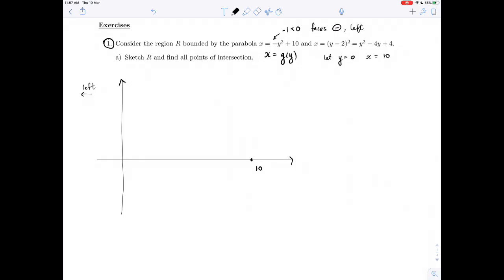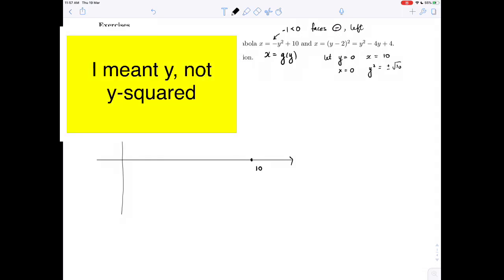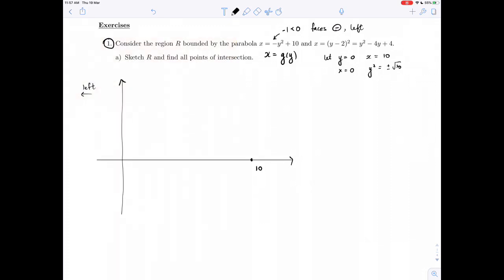The y value, or the y-intercept, so if we let x equal 0, then we're going to get y squared is plus or minus root 10. So root 10, I'm not going to pay a whole lot of attention to scale. Let's just put two values into there.